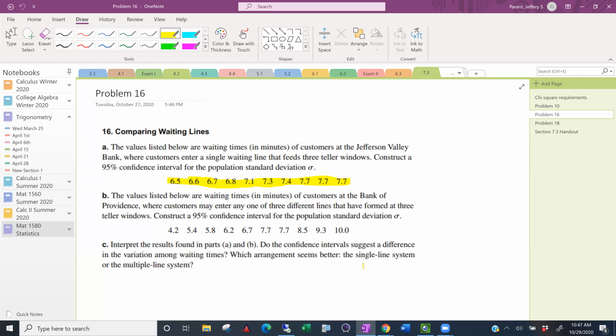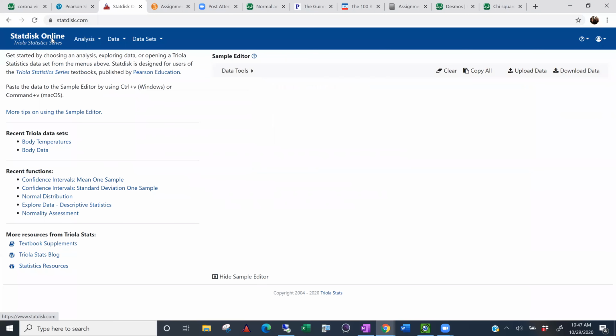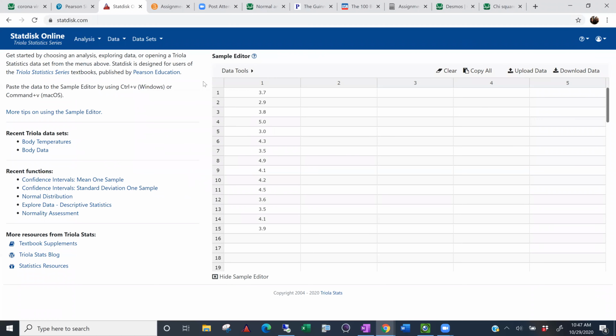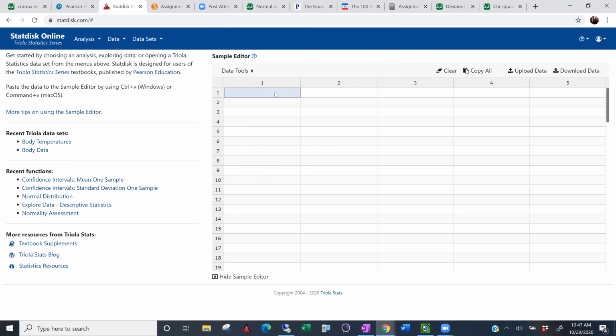Okay, so let me copy this data into StatDisk. I'll clear out my old data set here, and let's type in column 1: 6.5, 6.6, 6.7, 6.8, 7.1, 7.3, 7.4, and 7.7 three times. So you should have 10 values in there.